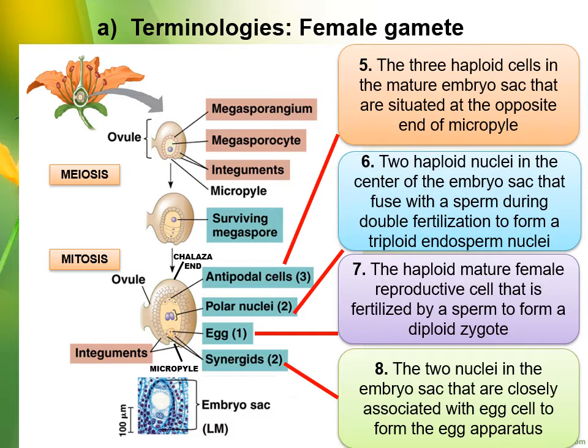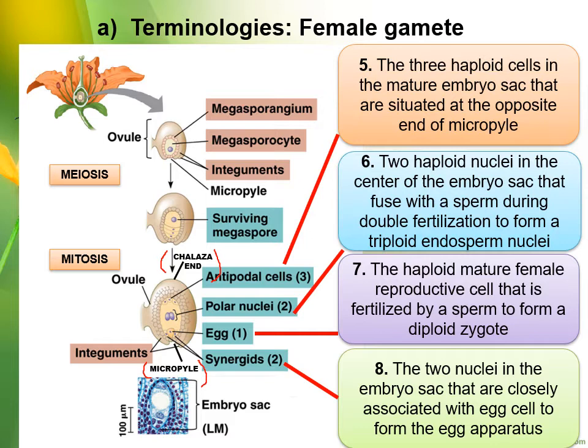Antipodal cells are the 3 haploid cells in the mature embryo sac that are situated at the opposite end of the micropyle. So it is situated at the chalaza end here, which is at the opposite end of the micropyle here. So the micropyle is the opening of the ovule.